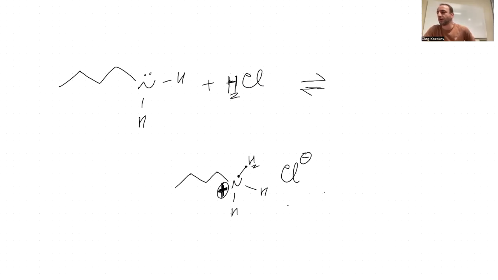Butylamine was your initial substrate, or 1-butanamine rather, so butyl with the amine, in other words, reacted. And then it made the butylammonium chloride. So butyl here, ammonium, which is this NH3 plus combination, and Cl, chloride.